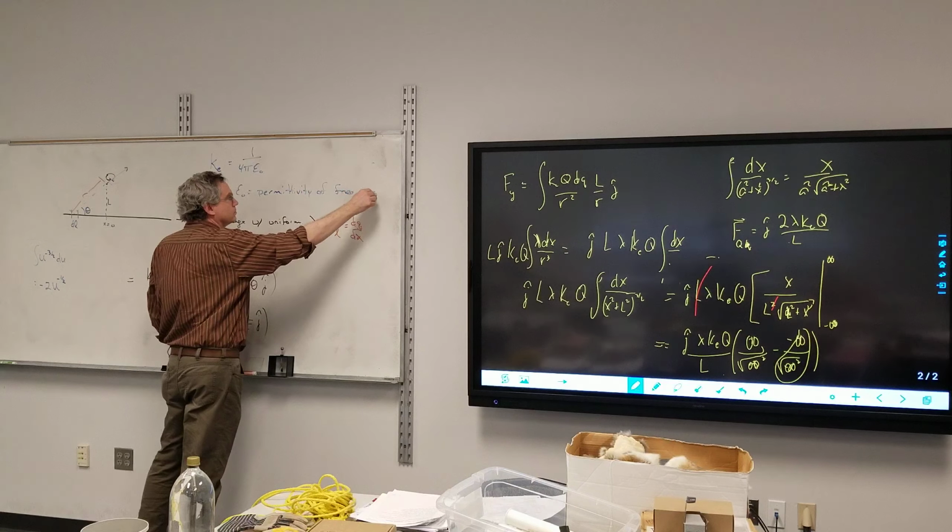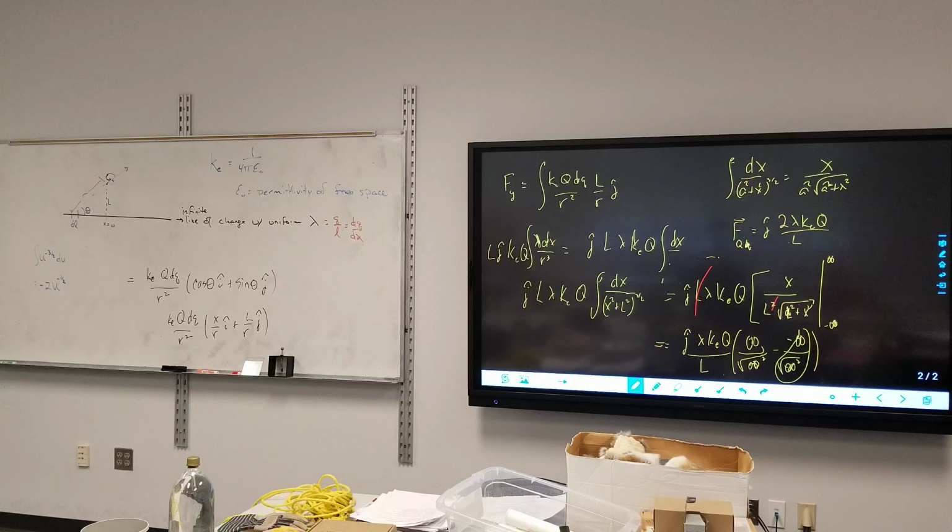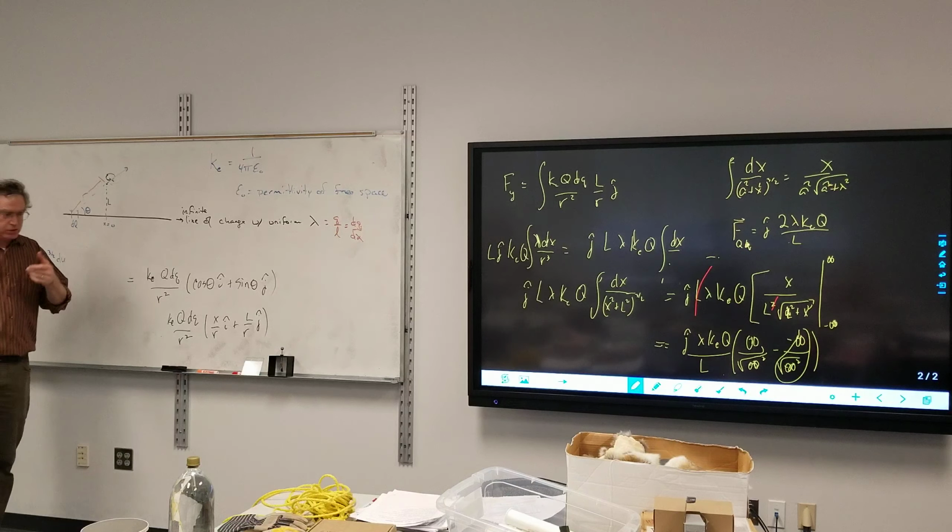Permittivity is something that's going to pop up in more detail in chapter 26 or 27. It is a measure of how a medium reacts to the presence of an electric field, or at this point, to the presence of a charge.